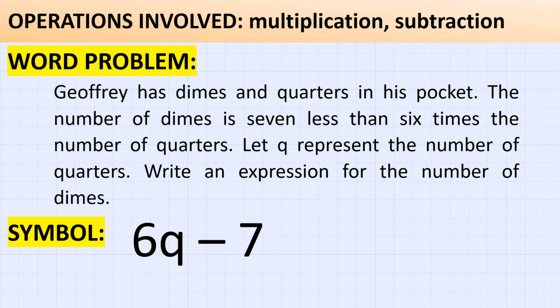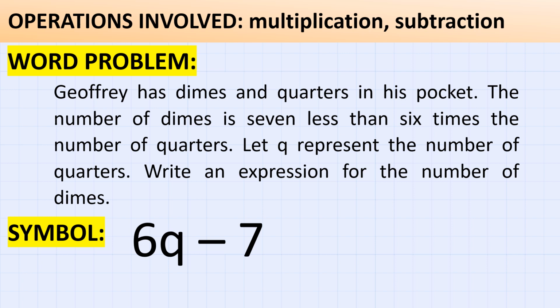So we're going to represent here the number of dimes in symbols. So it says here in the problem, the number of dimes is 7 less than 6 times the number of quarters. So we have here less than. That's the keyword. So meaning to say we're going to interchange 7 and 6 times the number of quarters. 6 times the number of quarters can be translated to 6q.